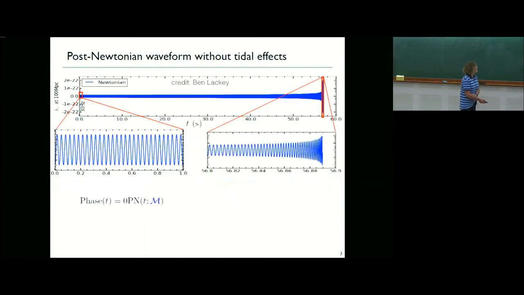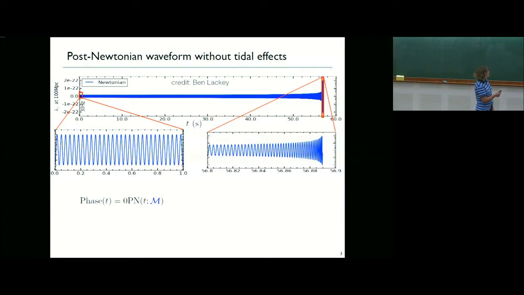Okay, so this is just to illustrate the effect of adding the relativistic corrections, and eventually also the tidal corrections. This is a signal just for the in-spiral, starting from 30 Hertz, which is roughly where the LIGO sensitivity curve starts. It's for a 1.4 solar mass system, just the Newtonian signal that we derived last time.